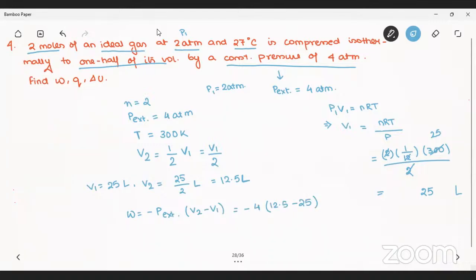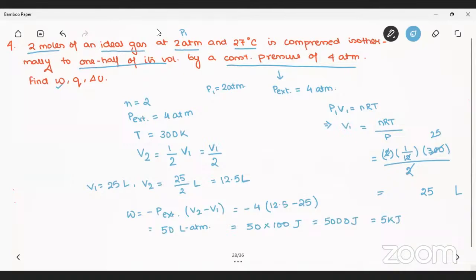How much is it coming? Minus minus 50, so 50 liter atm. 50 liter atm means 50 into 100 joules. So that is 5,000 joule, which means 5 kilojoule. So our work done is 5 kilojoule.